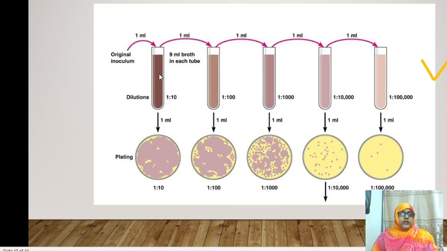Then we take 1 ml from this and add it to the next, and you can see slightly visible, separated colonies, but still difficult to distinguish. Then 1 ml more is taken and diluted, and the colony morphology becomes somewhat distinguishable. Then after further dilution, they are fully separated.